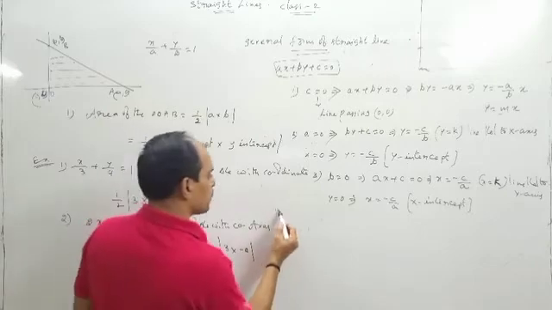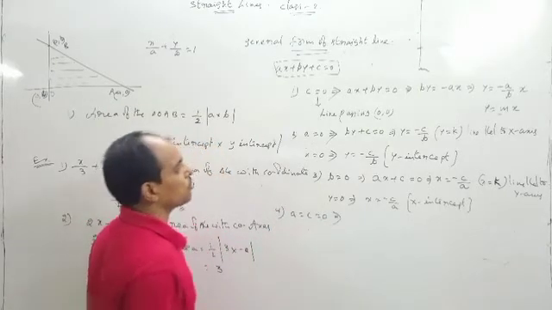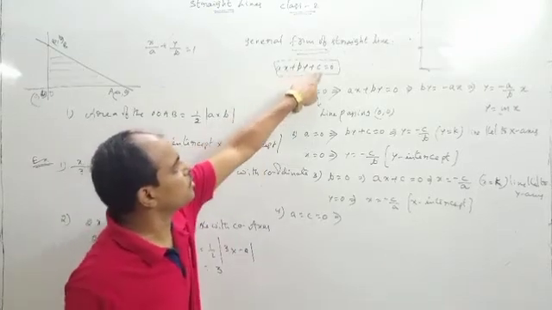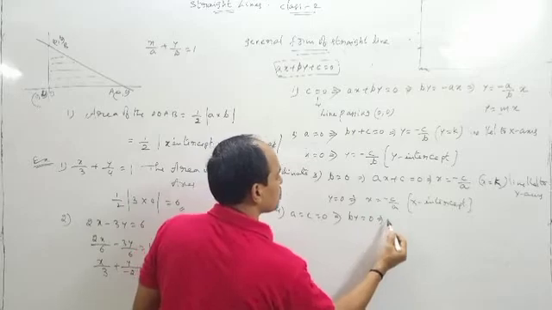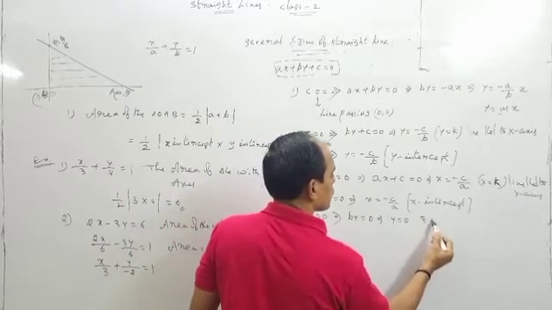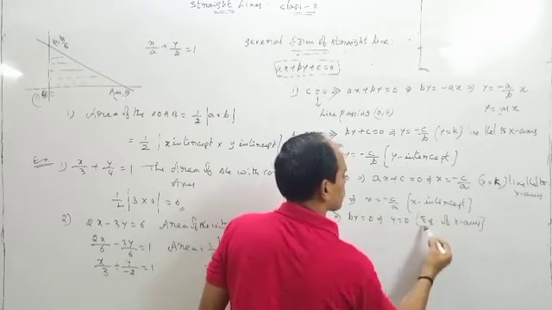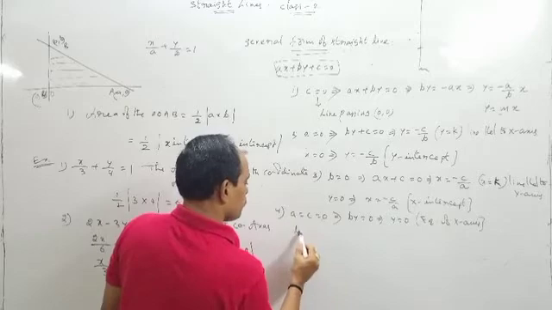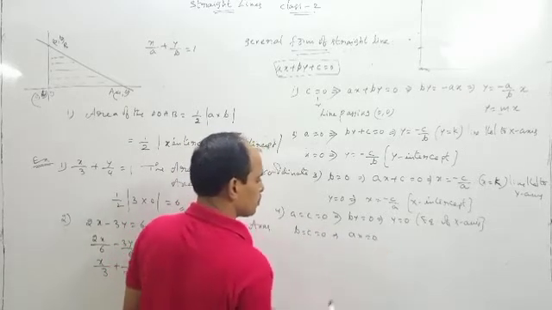And the fourth point, suppose a is equal to c is equal to 0, then what happens? a is equal to c is equal to 0 means by is equal to 0, then y is equal to 0, equation of x axis. b is equal to c is equal to 0, ax is equal to 0.